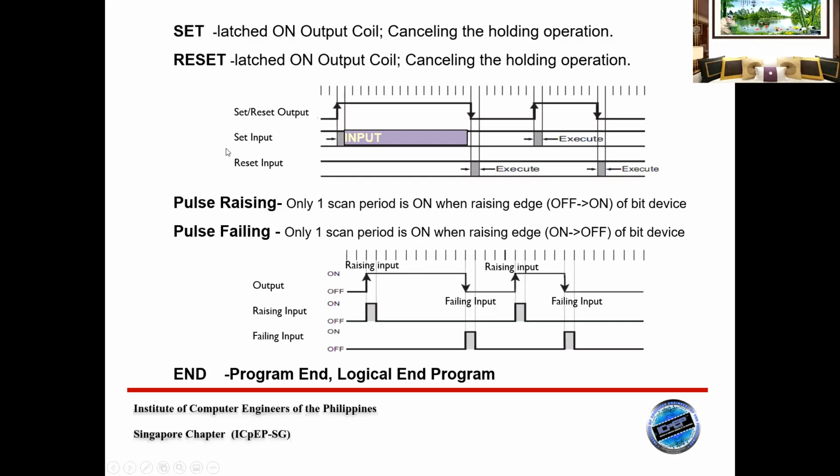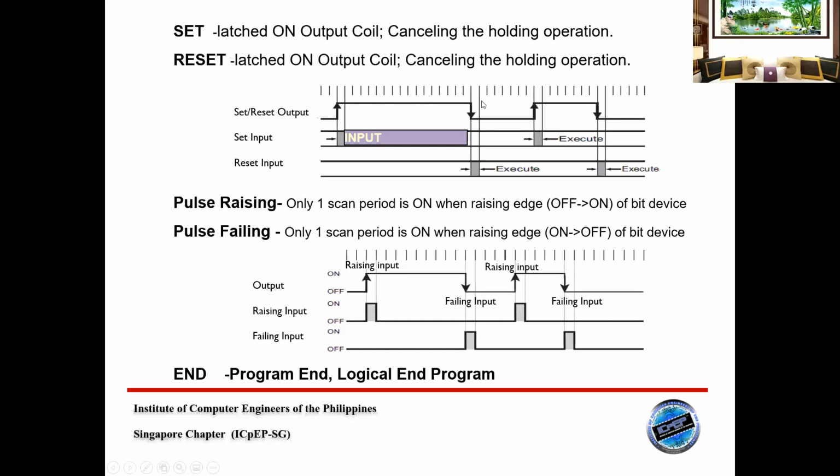Another special function is set and reset. This latches the output coil, and reset cancels the holding operation. For example, I have this input, X0. When I press it, my output will be set, so it will be 1.